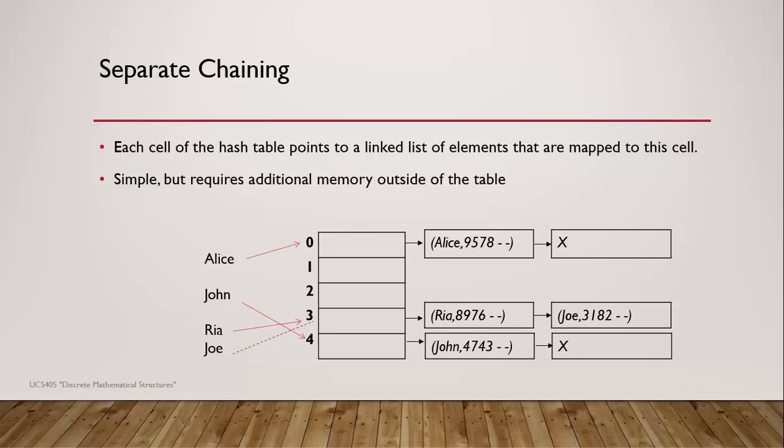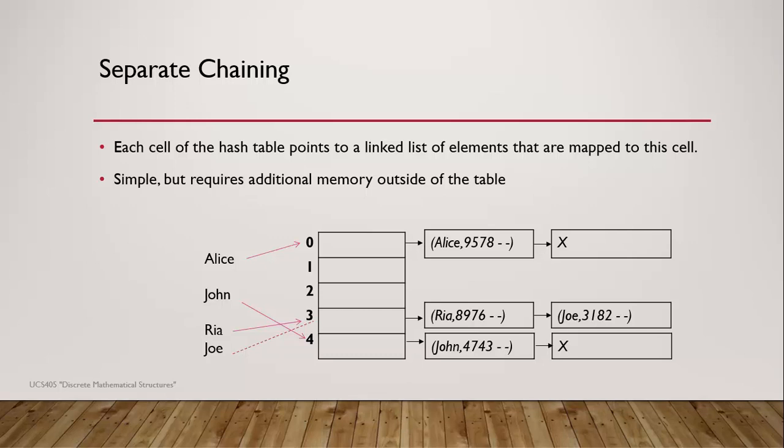First is separate chaining. Each cell of the hash table points to a linked list of elements that are mapped to this cell. There is one disadvantage: it requires additional memory outside of the table. Like the same example we discussed in the previous slides of the phone book.